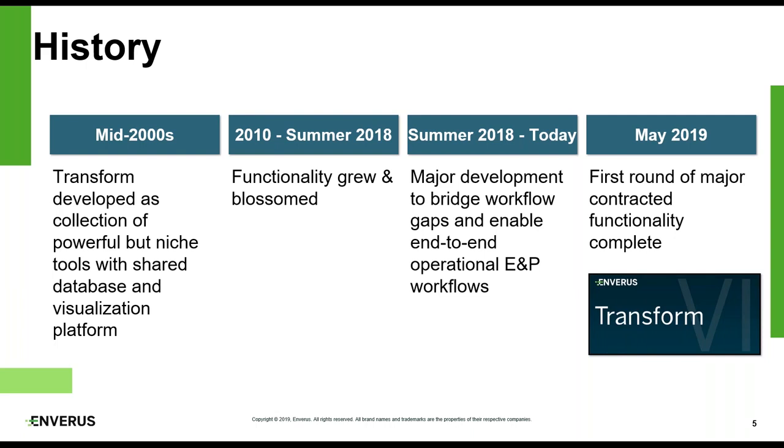And what we're facing right now, where we're coming up on, is that first major round of functionality is pretty much done, and we're getting ready to release it. And that's what's culminating in Transform 6. Our last release was Transform 5.40. This is a step change, so we're going to 6.